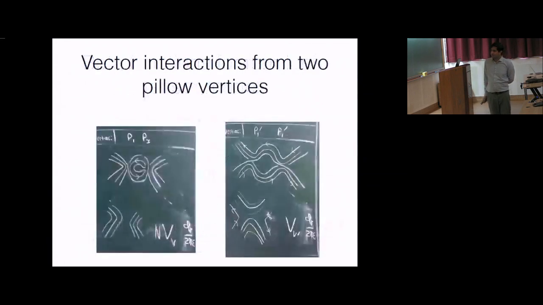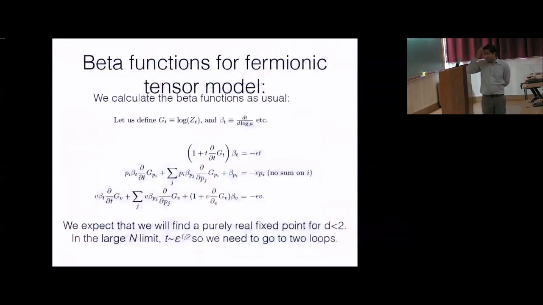Okay. So anyway, you have these different interactions, and you can write down the beta function for them, and it schematically looks like this form. Because the tetrahedron is not generated by pillow and vector interactions, it has just this term here, and then the pillow diagram has contributions from the tetrahedron and the pillow.